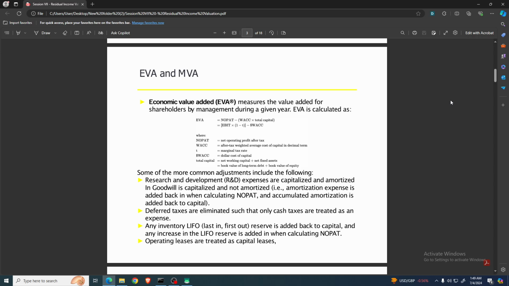First, we have the research and development expenses. These are usually capitalized and amortized over time rather than being expensed immediately. So this would essentially reflect the long-term benefit. We can associate this with some practical examples.